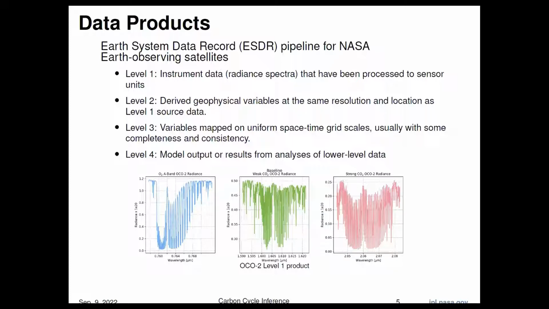And then level 4 is some additional processing of usually level 2 or level 3, sometimes level 1, that involves some other kind of geophysical model. So some kind of data assimilation or other type of inference that makes use of the lower level products to come up with an additional quantity of interest.